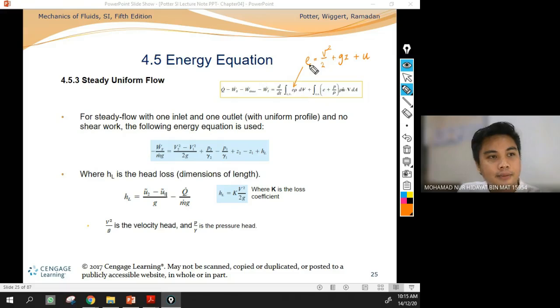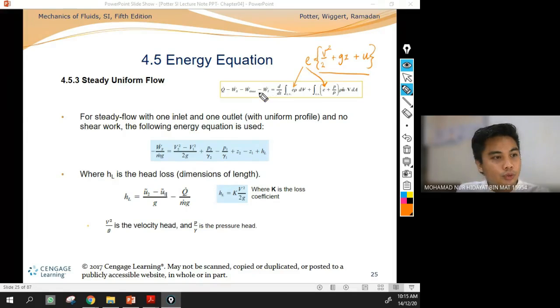So they try to expand the energy, they substitute the E with this term, and together with this term, they try to substitute this term.